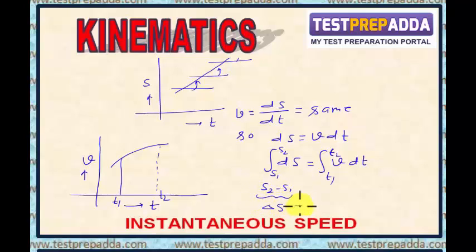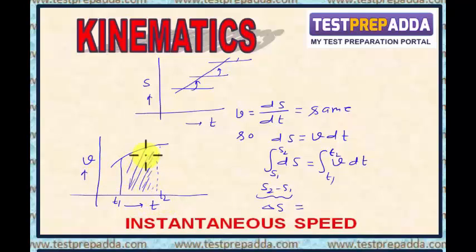This distance covered is actually, from this we can say, the area under the curve between V and T. V versus T graph.